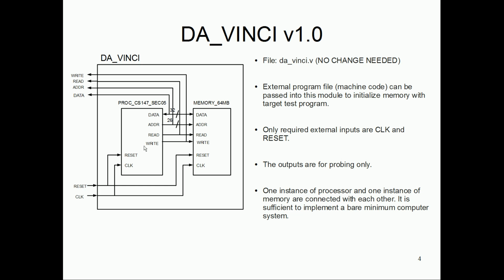If the instruction is load word, which is reading the memory, it issues the data address, sets read equal to 1, write equals 0, and the memory issues the data, it reads the data back and does something with that. That's all the processor actually does at a very basic level.